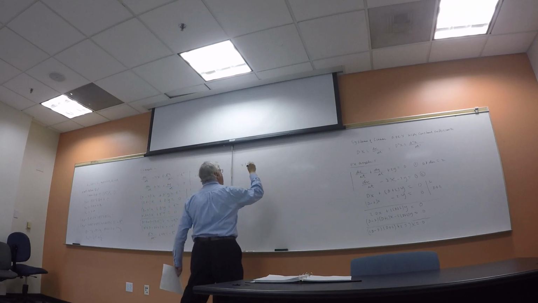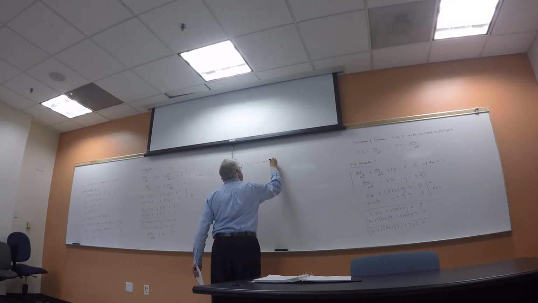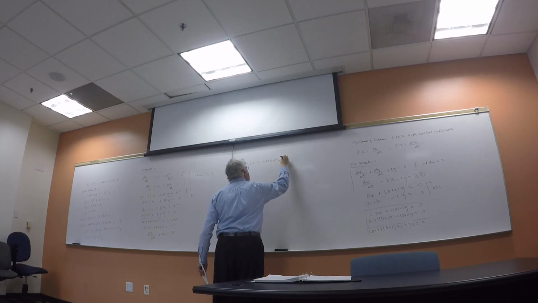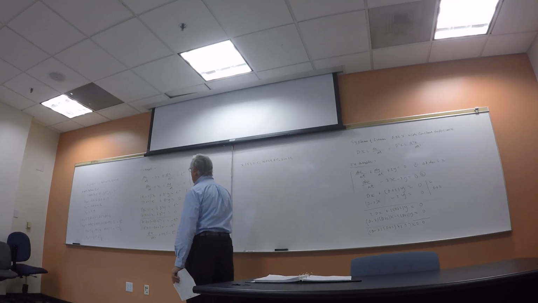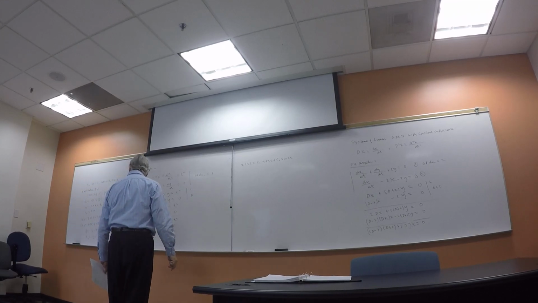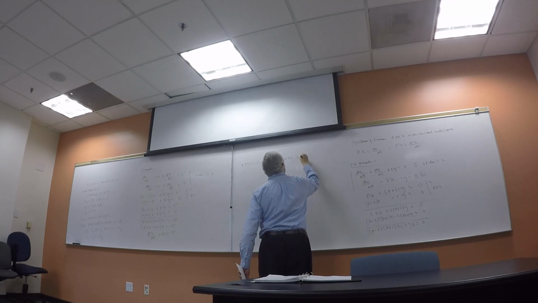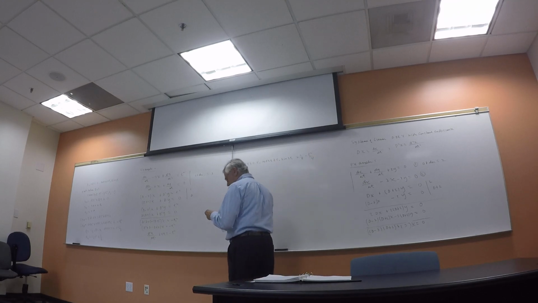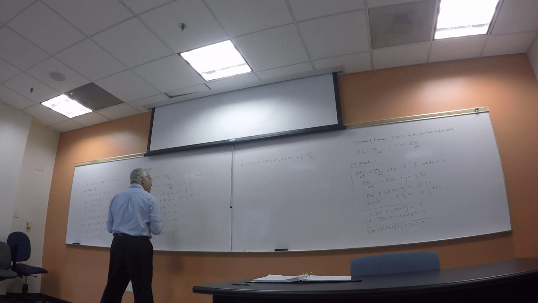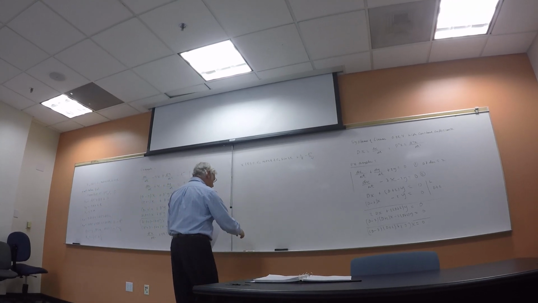C1 cosine 2t plus C sub 2 sine of 2t. Right? And the particular solution was 1/8 minus a quarter t squared. Okay, so there's our solution for x.